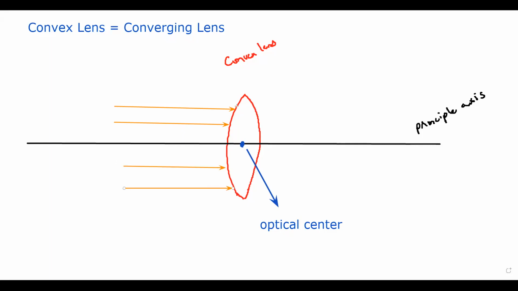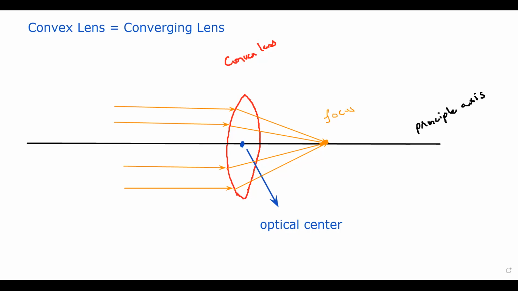When these light rays are passing through the lens, they converge at one point, they combine at one point. The point where all the light rays combine or converge is known as principal focus, or you can also say focus.